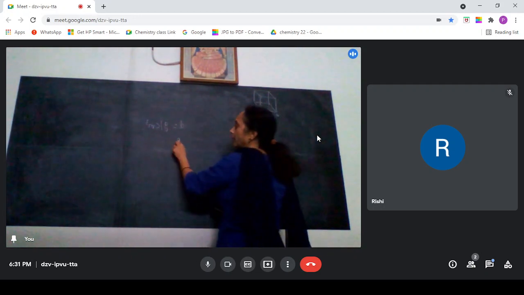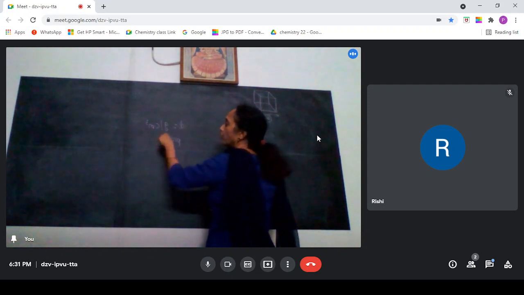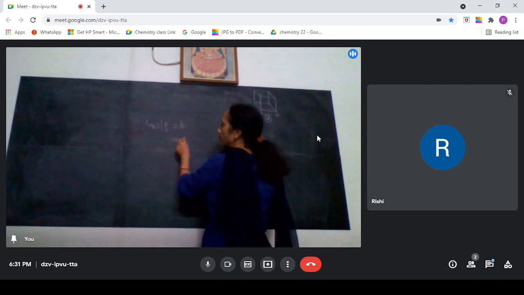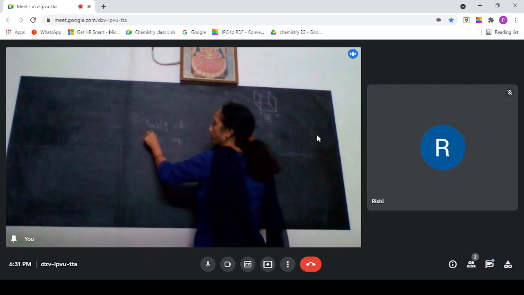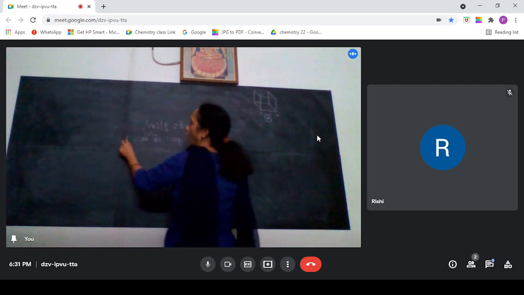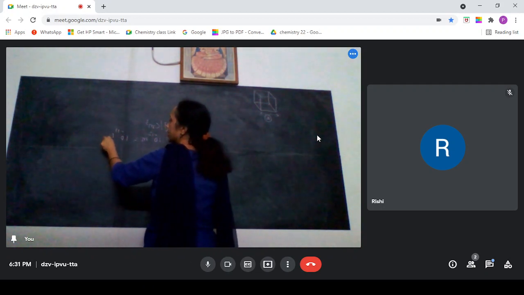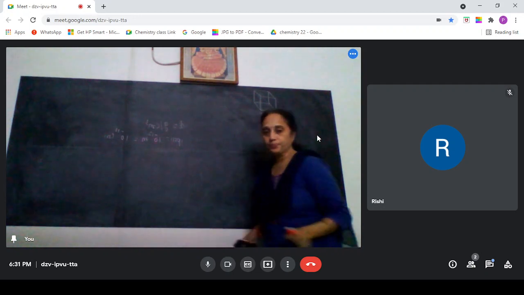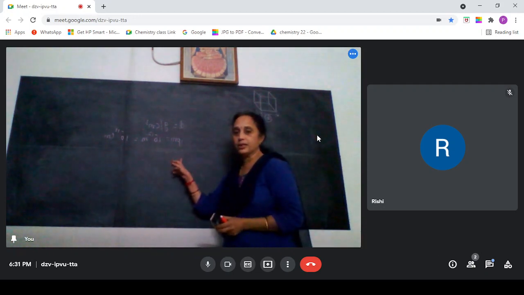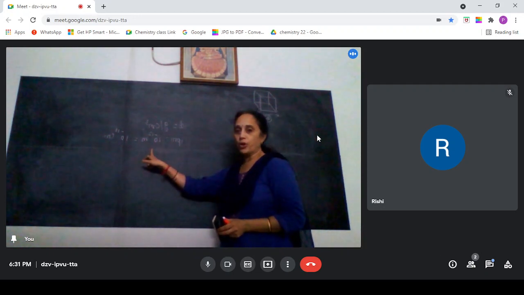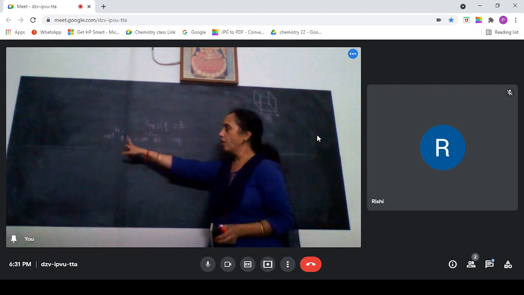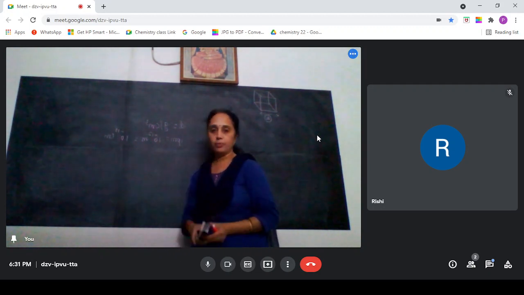So picometer you need to convert into centimeter. 1 picometer is 10 to the power of minus 12 meter or 10 to the power of minus 10 centimeter. Write this down.